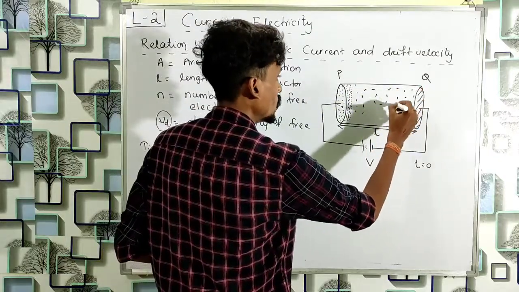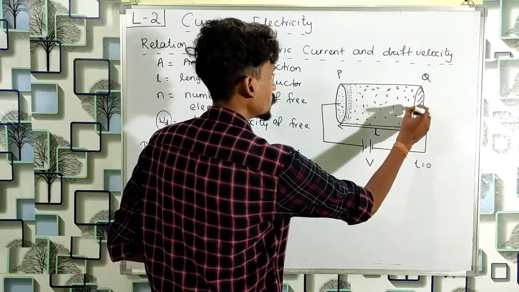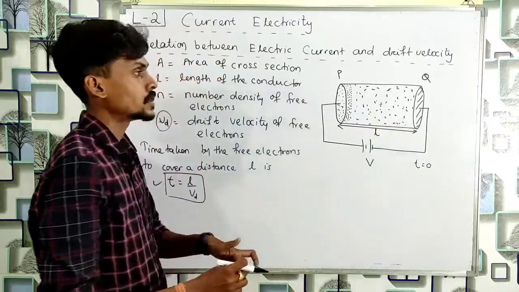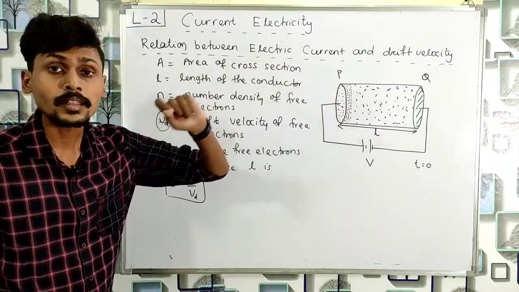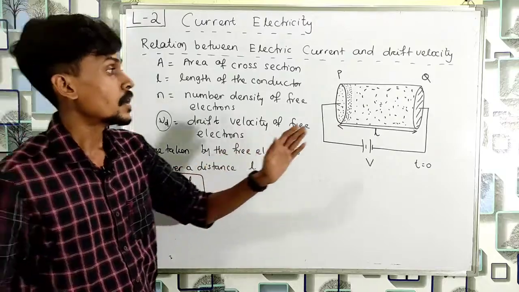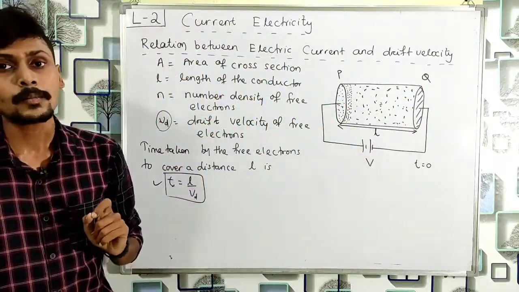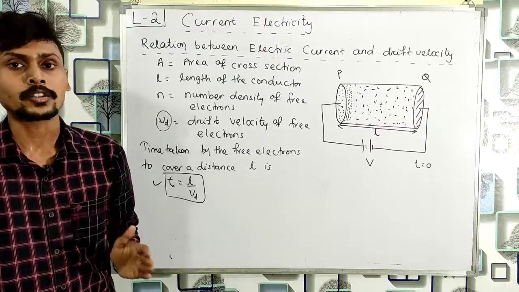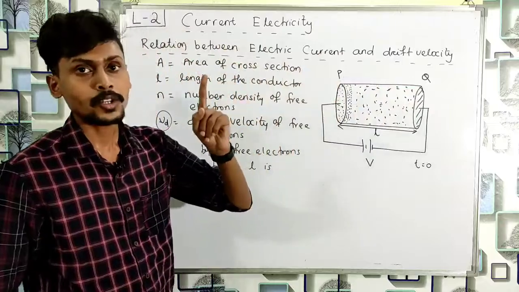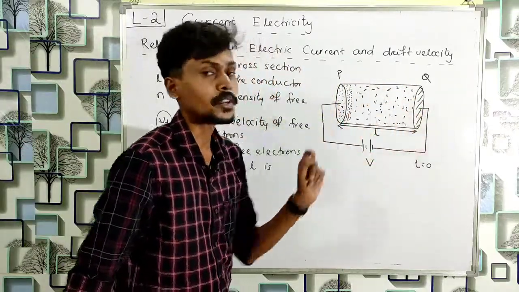Is that clear? So if I can calculate the number of free electrons inside this cylindrical volume, then I can calculate the total number of electrons that have crossed this cross section Q. Because all those free electrons who have crossed the cross section Q are contained inside this cylindrical volume.